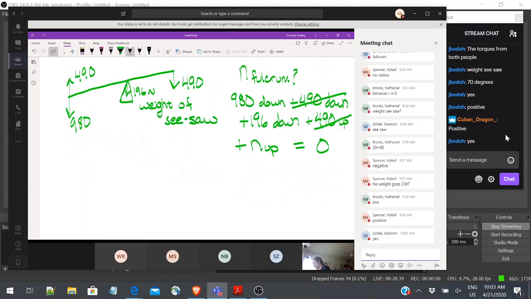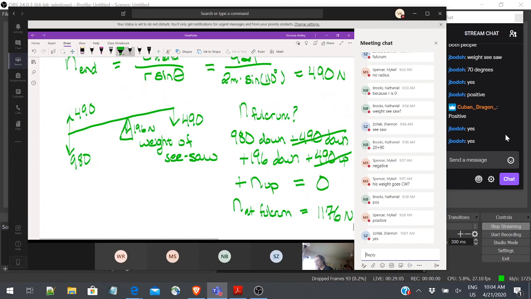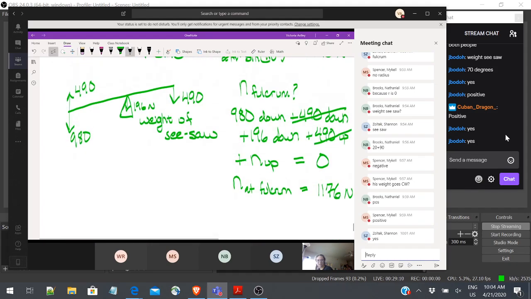So we end up with 80 plus normal force at the fulcrum, 1176 newtons. Does this make sense? So it's somewhat the same as our previous situation, except now we're doing some of the torques as well as some of the forces.